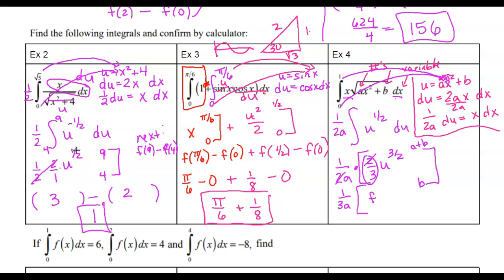And then I'm going to do f of a plus b minus f of b. Okay? I just factored out that 1 over 3a instead of keeping it in both terms. It's really a choice. So I would get 1 over 3a, and then a plus b to the 3/2 minus, if I substitute b, b to the 3/2. Now, I can't cancel anything out because those are together in a parenthesis. I don't really need to redistribute, so this is a great answer.